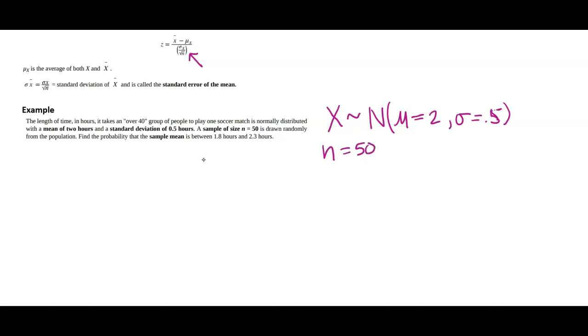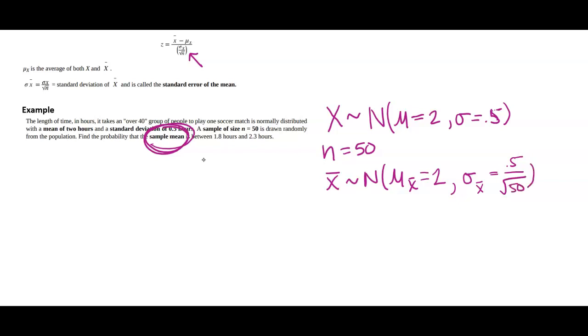Well, then that means of these sample means that I am now looking at, x bar is approximately normal with the mean of the sample means centered around 2 and the standard deviation of the sample means has a spread of 0.5 over the square root of 50.